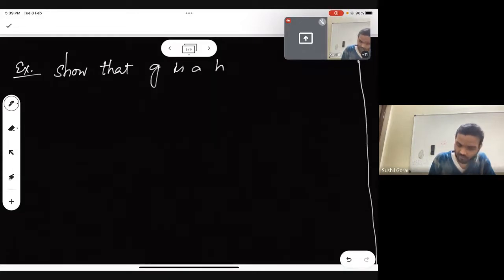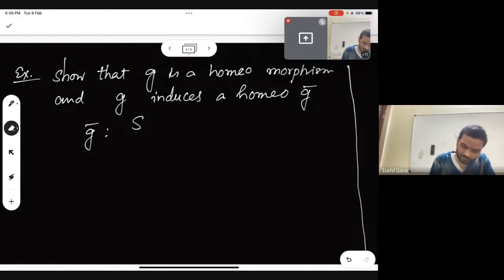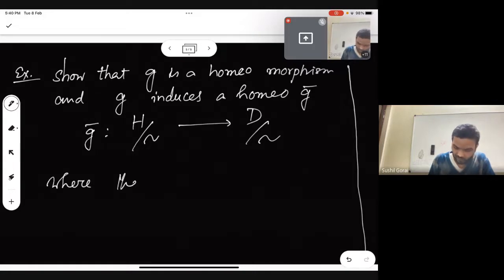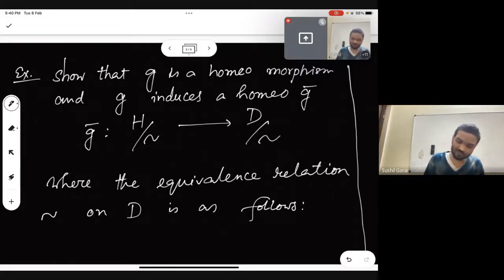So G is a homeomorphism, and G induces a homeomorphism G bar from H quotiented with this to D quotiented with the equivalence relation on D, which is as follows.